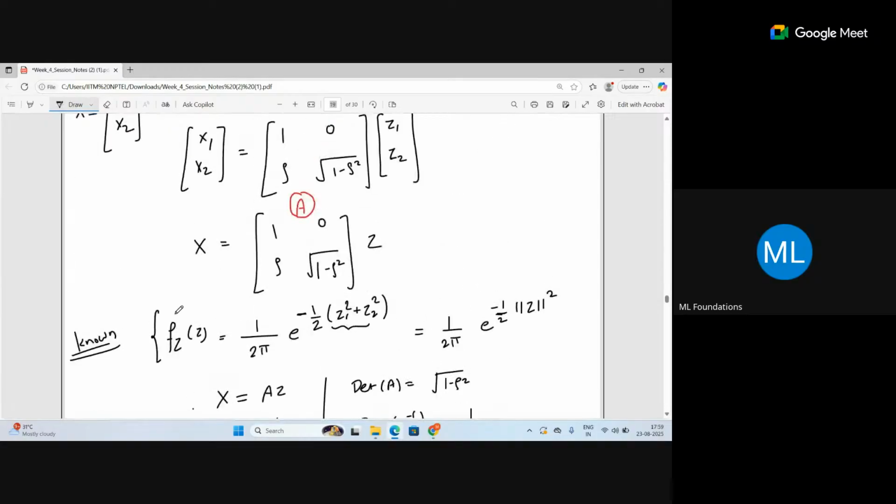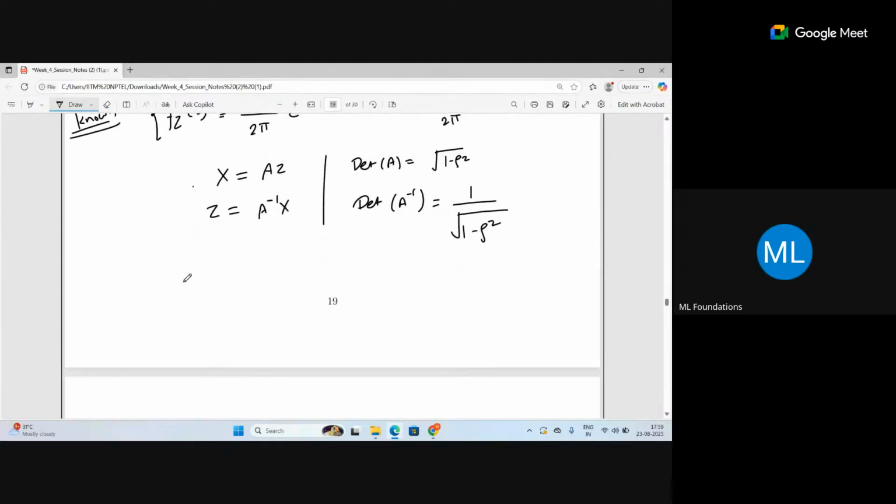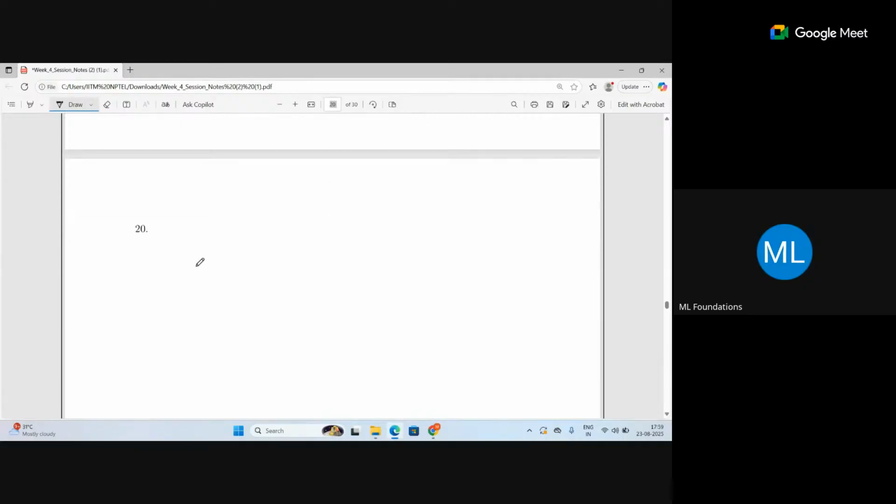Now we know that x1 is equal to z1, and x2 is equal to rho z1 plus root of 1 minus rho square into z2. What is the expectation of x1? It is the expectation of z1, and that is equal to 0, right?